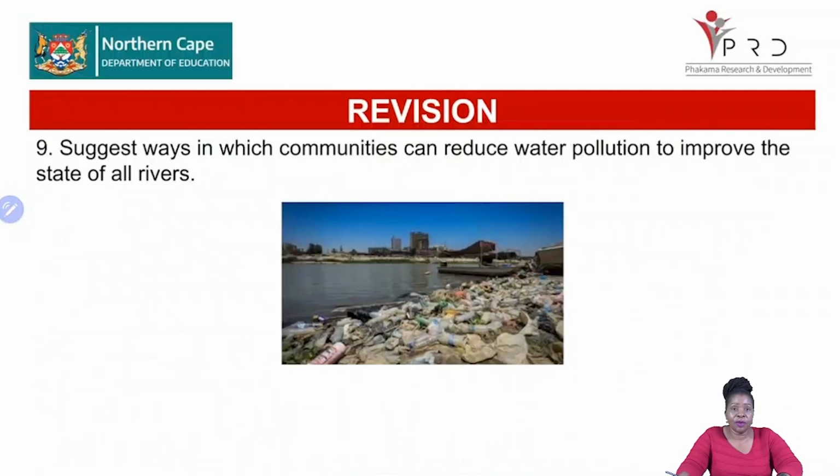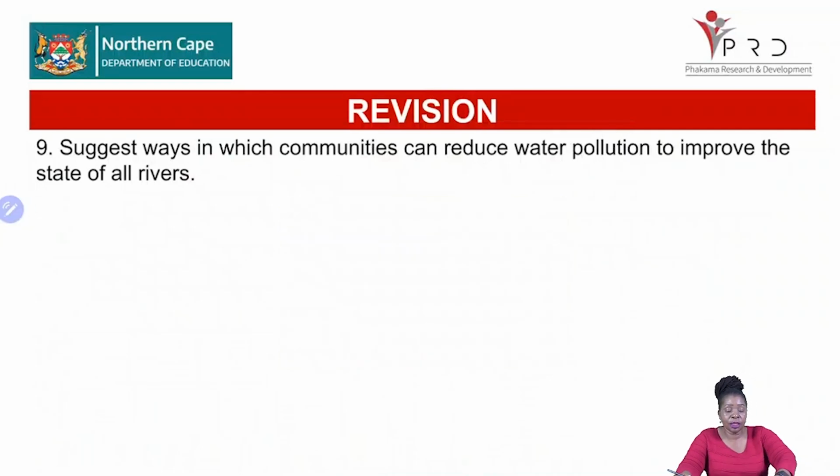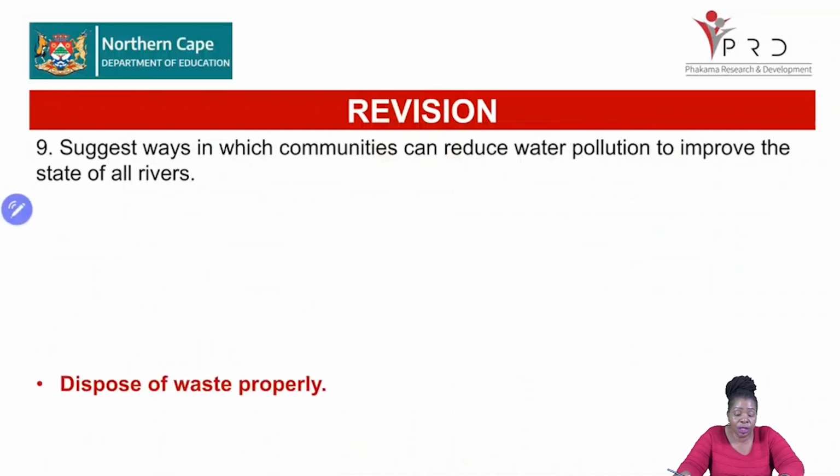Right, we should be done with answering question 9. Let's move on to the solutions. The question says, suggest ways in which communities can reduce water pollution to improve the state of all rivers.